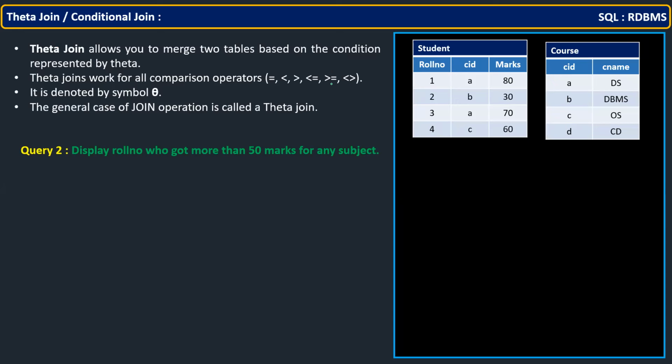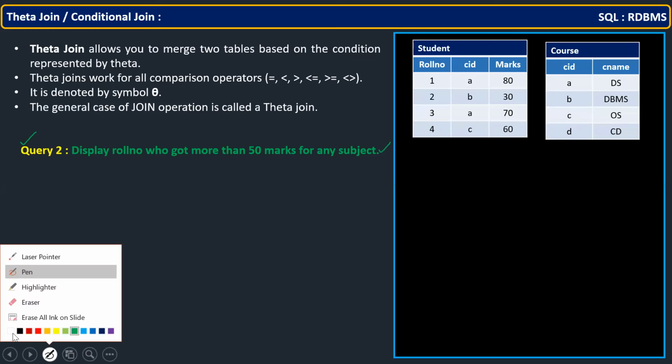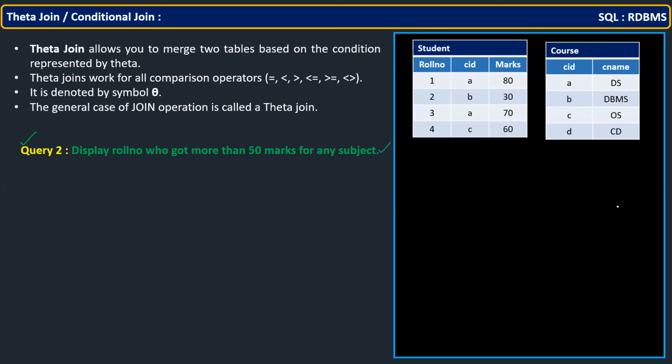Now here the data is there, and here we have a query. Try to write the query for this statement. Please try to write it and comment in the chat box quickly. Read the statement: display roll numbers who got more than 50 marks for any subject.